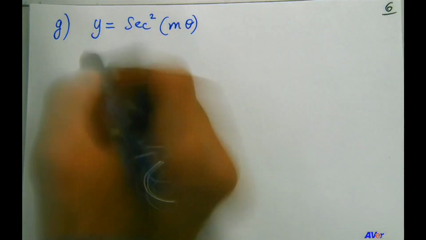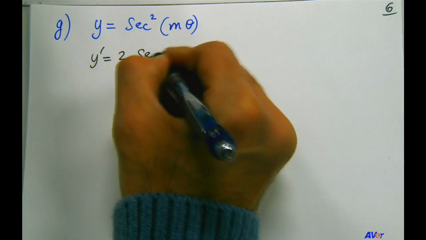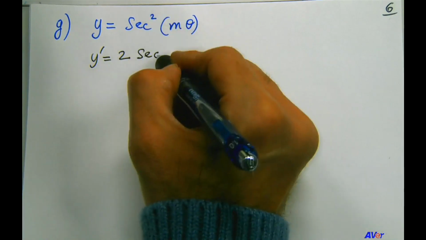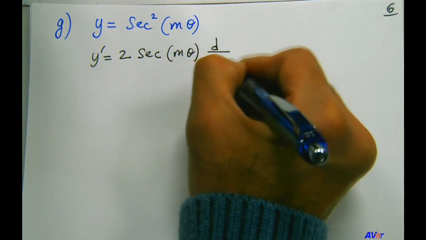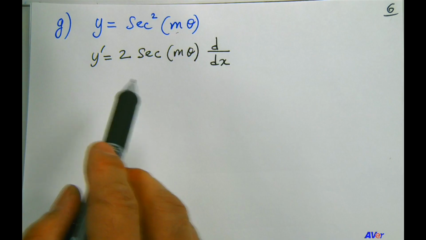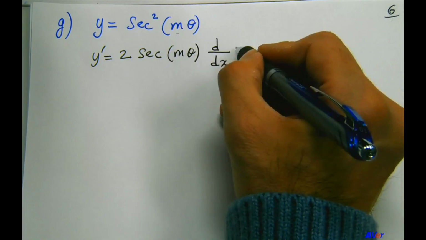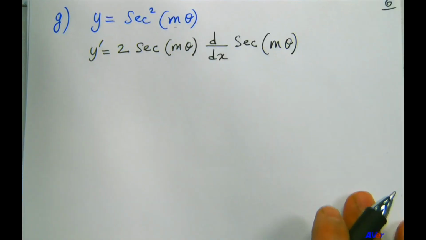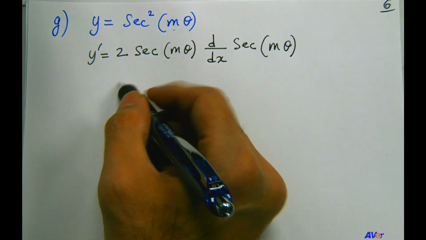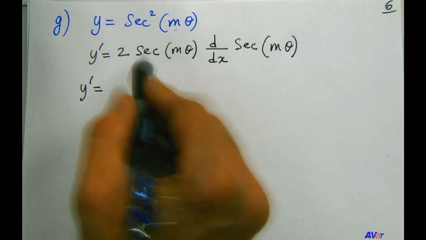So we have y prime would be 2 times, to bring that 2 in front, times secant with 1 less power, secant of m theta, times the derivative of what's inside the parenthesis, the derivative of secant m theta. Okay. All right. So then we have y prime is equal to all of that.